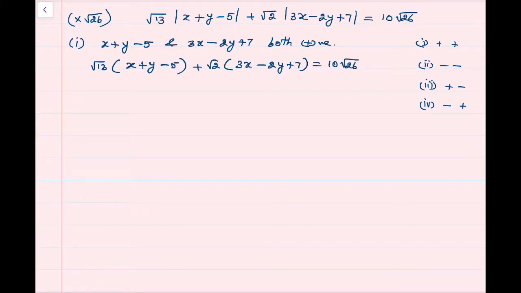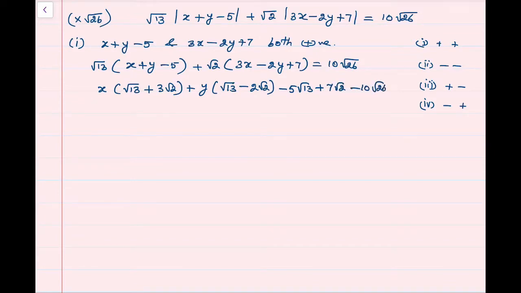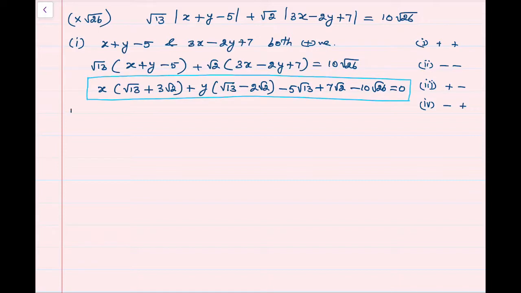Since the numbers are positive, we need not write the absolute value sign. Now we will collect the x terms. x times root 13 plus 3 root 2, plus y times root 13 minus 2 root 2, and the constant terms minus 5 root 13 plus 7 root 2 minus 10 root 26 equal to 0. The second case, we will take both negative.